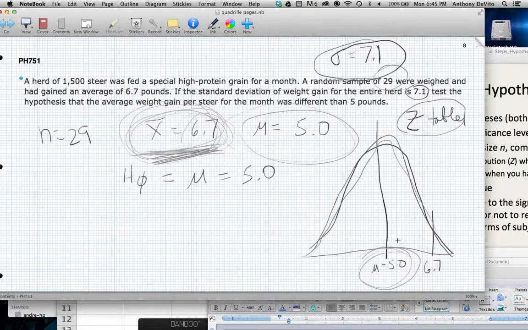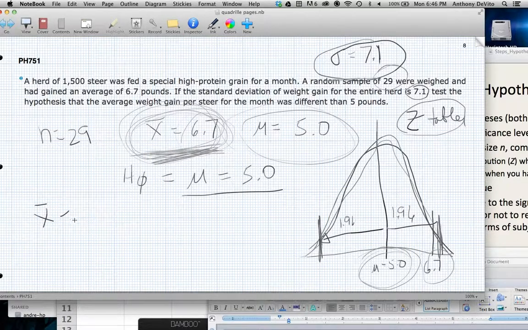Okay, so I know that 95% of the possible sample results I would get for this population is going to be between 1.96 standard deviations below the mean and 1.96 standard deviations above the mean. Now, is 6.7 within that range? Let's figure that out.